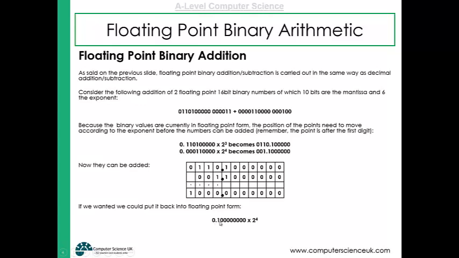So it's 0.1, and because we've moved it to the left 4 places, we need to record that in the exponent, so it's times 2 to the 4. And if we put that into proper floating point binary, where we have 10 bits for the mantissa and 6 for the exponent, we would leave it like this.